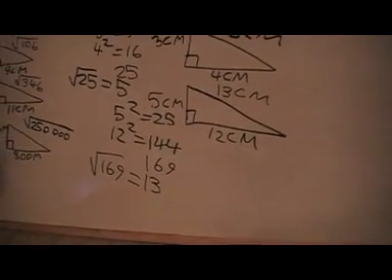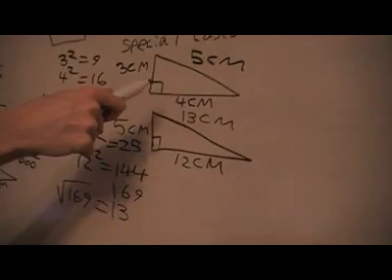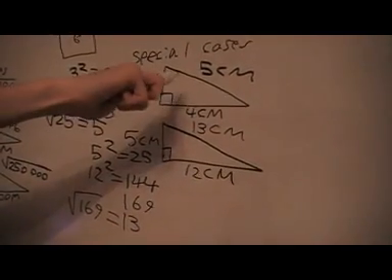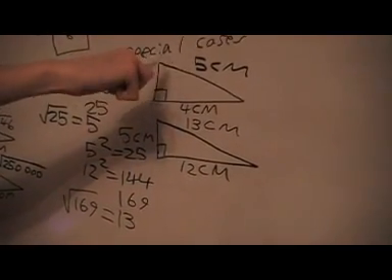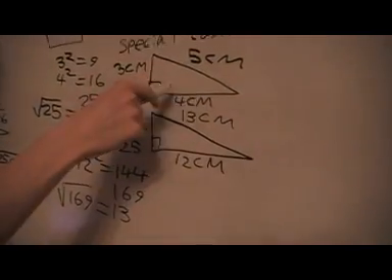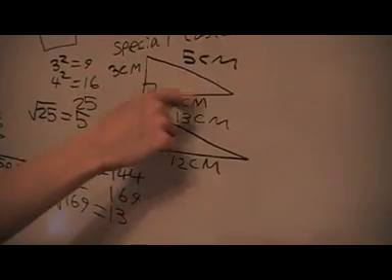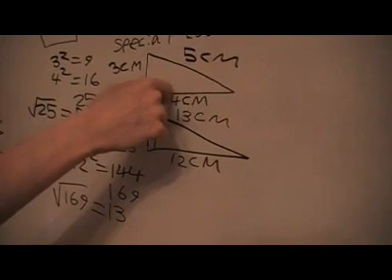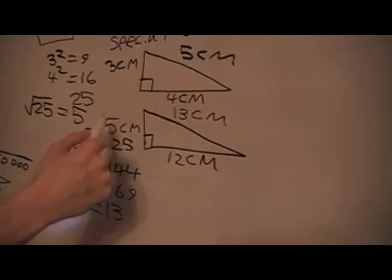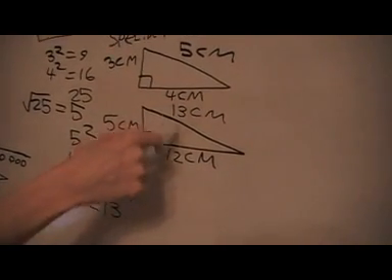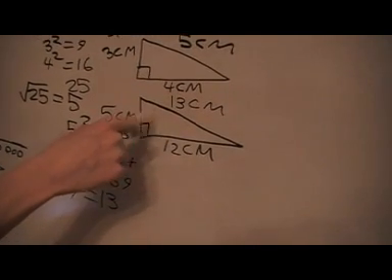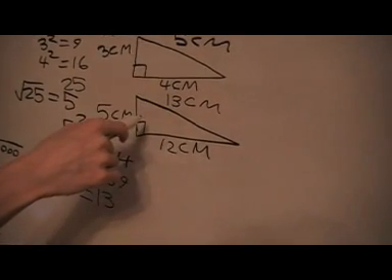Now, the reason that these are special cases is because in these ones, the length of the hypotenuse is a whole number. You see in these are all whole numbers. And in these ones, these are all whole numbers.